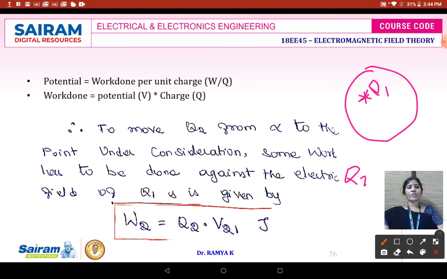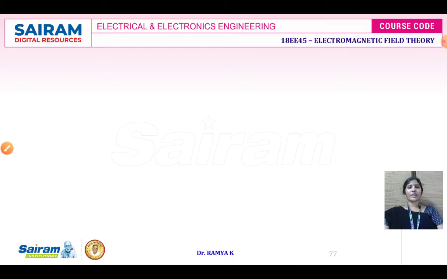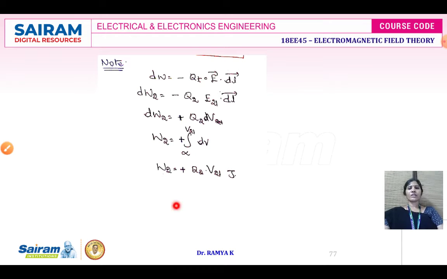Q2 you move from infinity to the point under consideration. At that time only one work will be done. Therefore W2 is equal to Q2 V21. This derivation we have already seen.